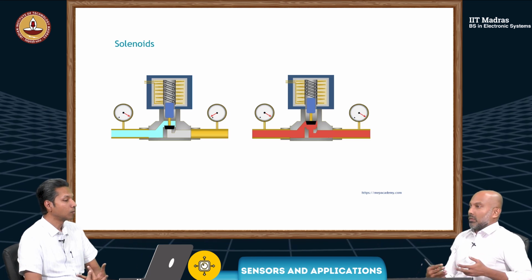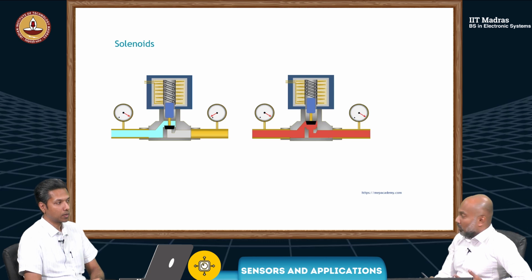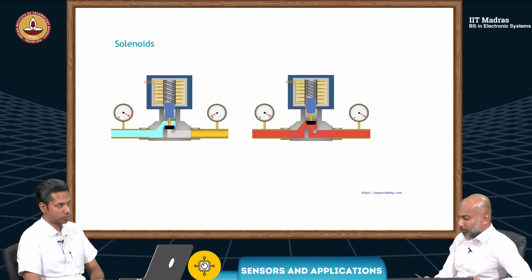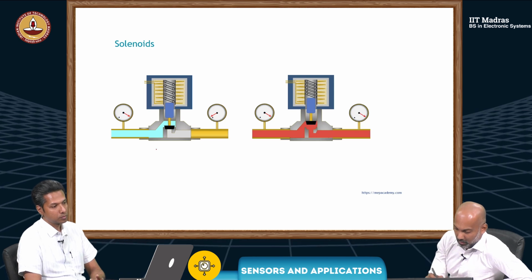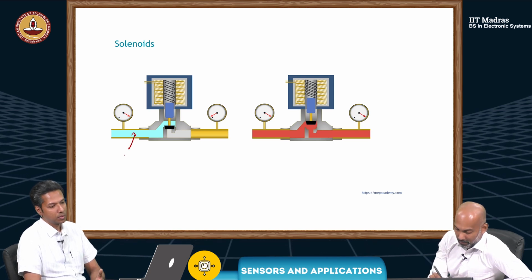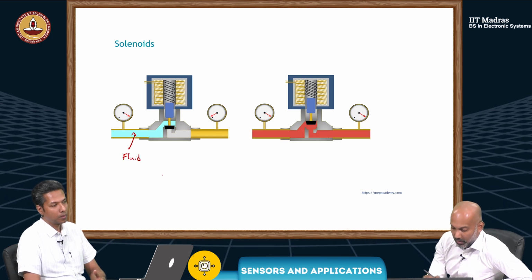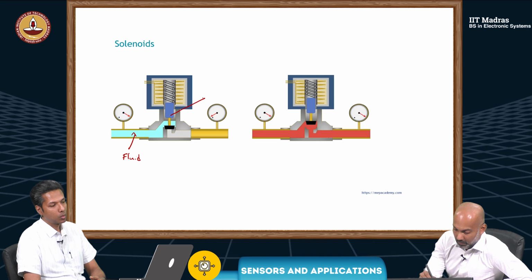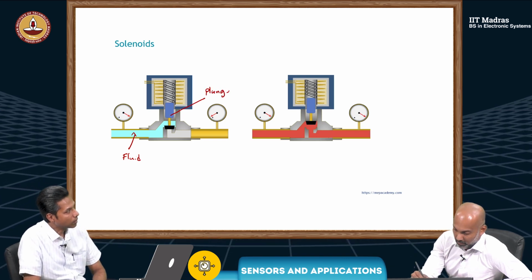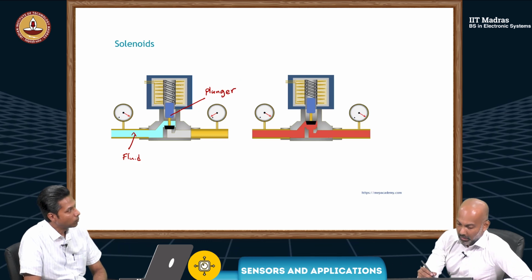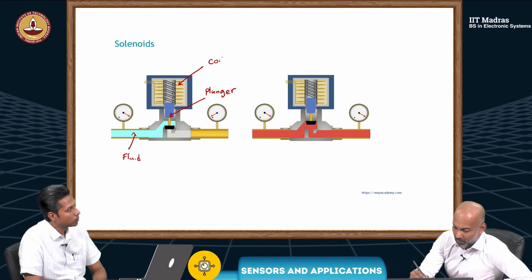Such a coil is used in a lot of applications. In fact, if you look here, you can see there's some fluid or liquid here. Here you have a plunger, and here you have a coil.